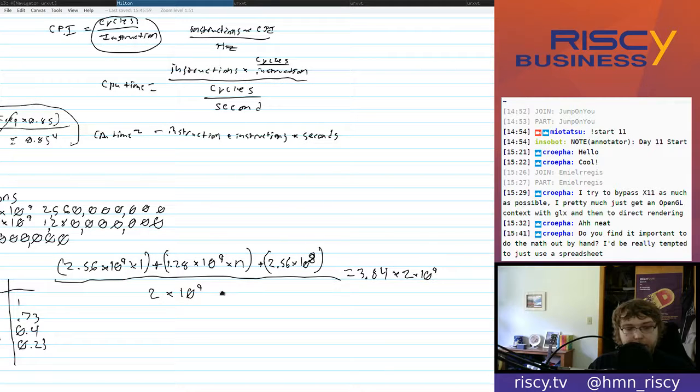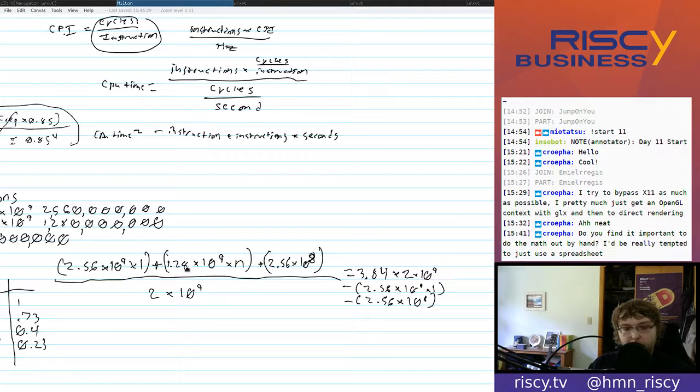And then if we say minus 2.56 times 10 to the 9th times 1. And then we also need to subtract the 2.56 times 10 to the 8th.